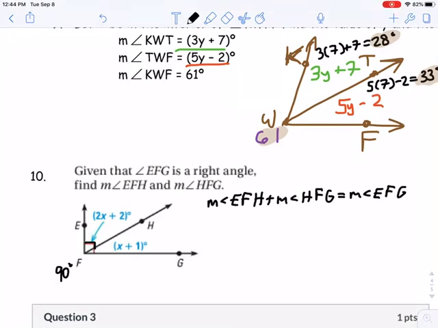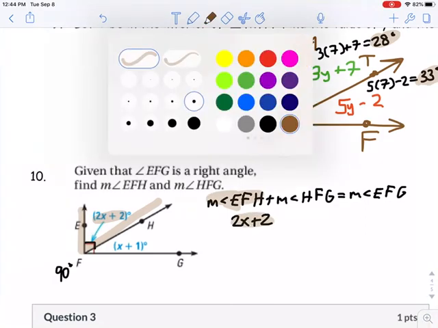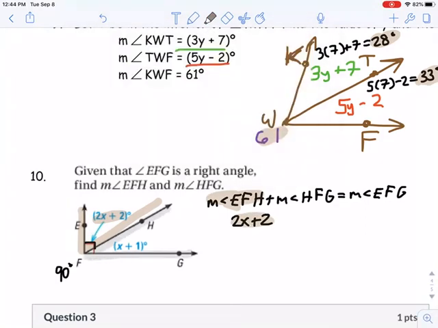All right, so that was 2x plus 2. So there's all this junk right here. You have this right here is all this junk I'm about to write out. And then the whole thing's a right angle, so it equals 90 degrees.